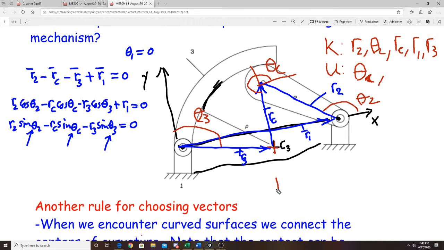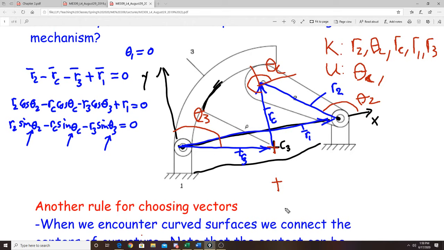Let's say the center point moved down here. And I want everyone else to think about it as well.